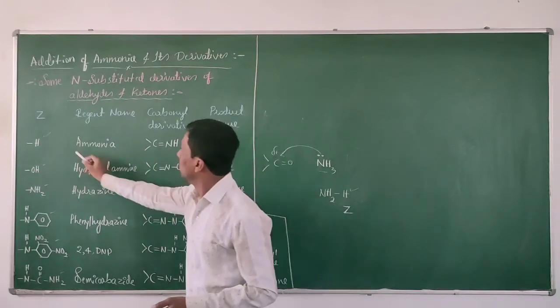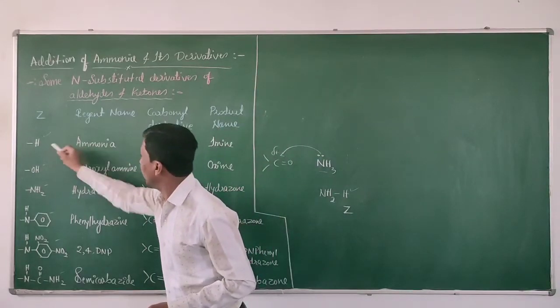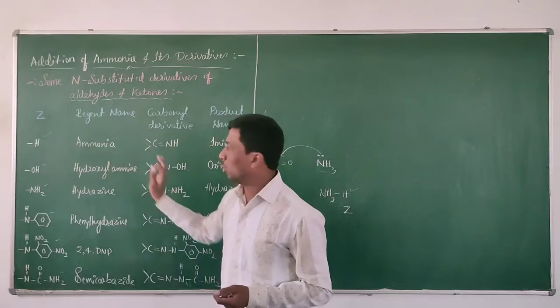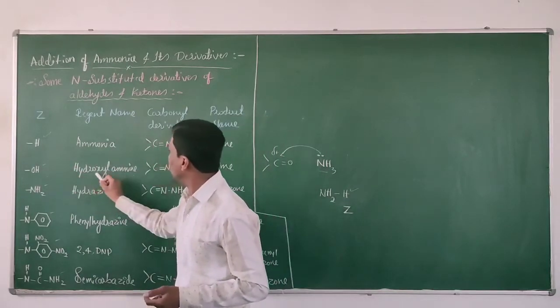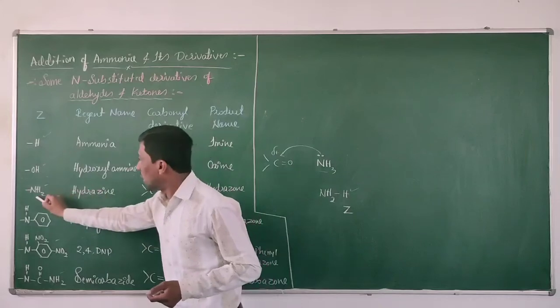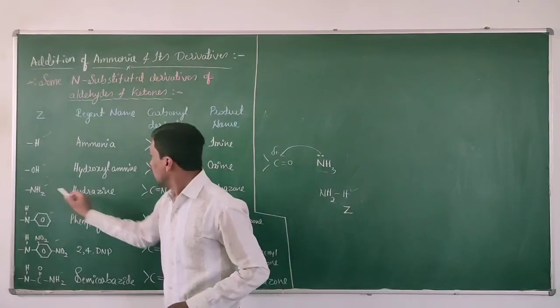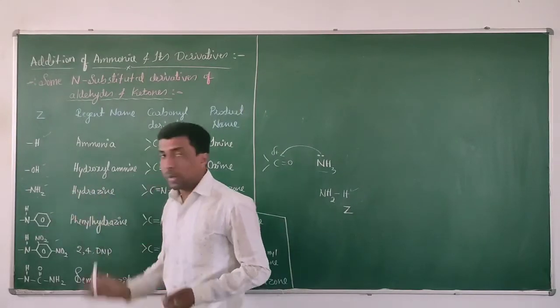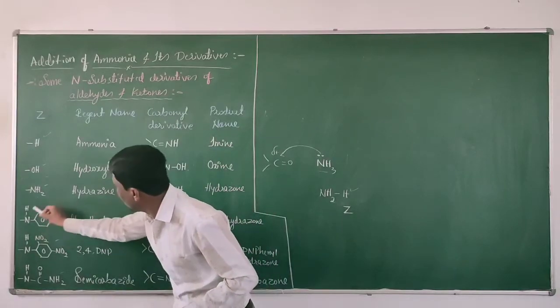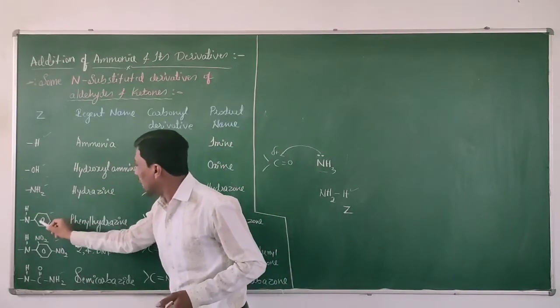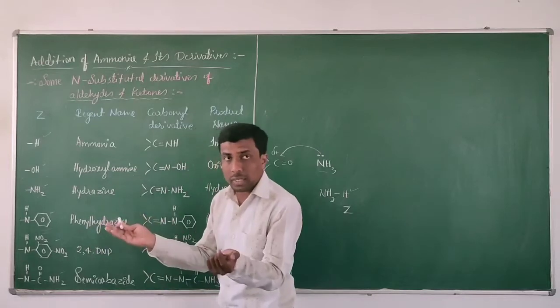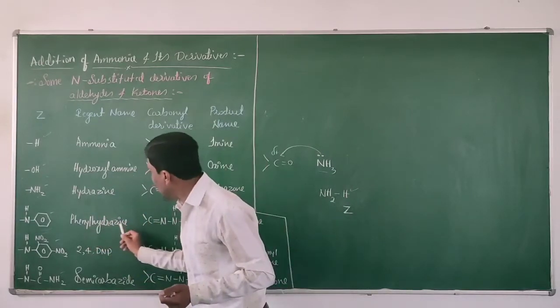Look here. If in the place of Z we have H, that is ammonia, which you already know. If OH is there, that becomes hydroxylamine. If NH2 is there in the place of Z, that is hydrazine. If this species is there, it is phenyl hydrazine.